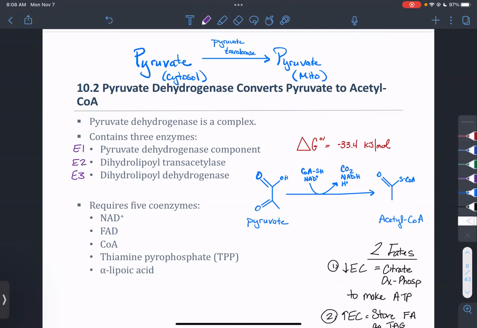And so if we look at what actually has to happen, we're going to start with pyruvate, and I've just drawn pyruvate really simply. And the things that are going to be required to make this happen, right?